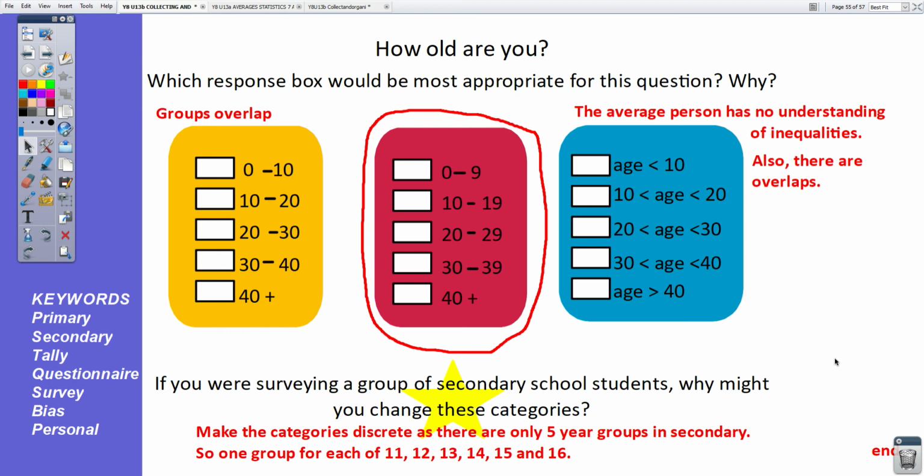Okay, so hopefully in this session you've seen different ways of asking questions, different ways of making sure that those questions are appropriate, they are not biased, they are not too personal, they are not leading questions. You've also seen the difference between primary and secondary data and what the advantages and disadvantages of both are.